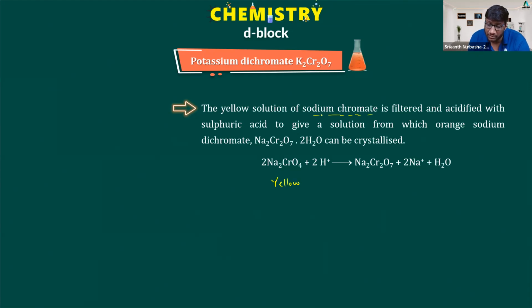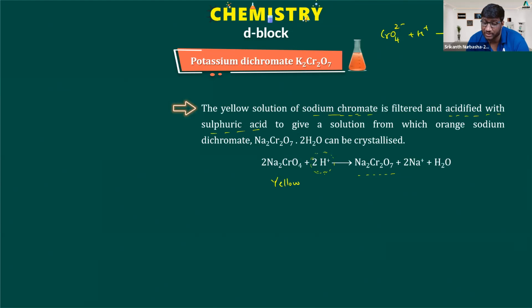The yellow solution of sodium chromate is filtered and acidified with sulfuric acid. That means in the presence of acid medium, the chromates are converting into dichromates. CrO4 2 minus plus H plus converts into Cr2O7 2 minus.